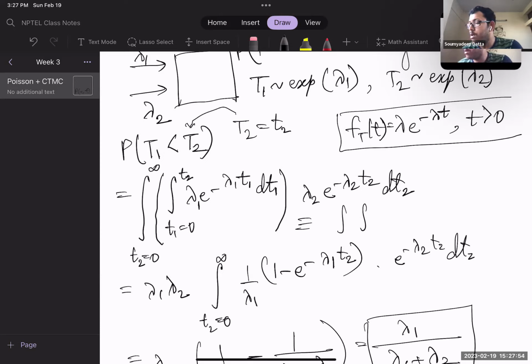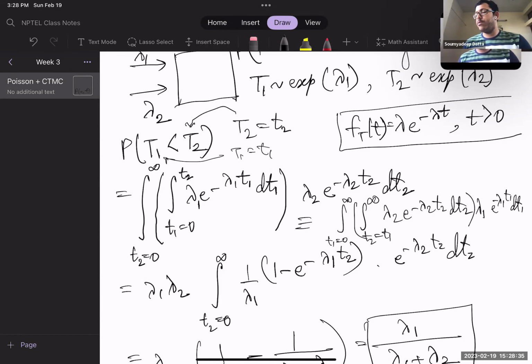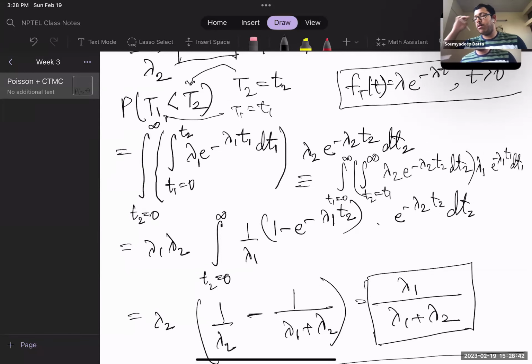This is equivalent to fixing T1. Initially, with T1 equal to T1, I can solve it this way: you integrate T2 from T1 to infinity, dt2, so that T2 is always greater than T1, and then you multiply the PDF of T1, which varies from 0 to infinity. This ensures that T2 is always greater than T1. These two integrals are actually the same, you'll get the same answer. Both of these approaches are valid, but you just have to ensure that you are doing the joint integration properly.